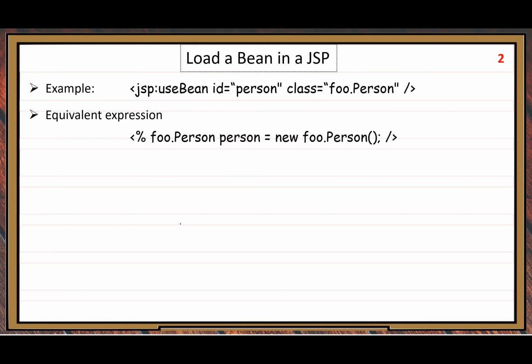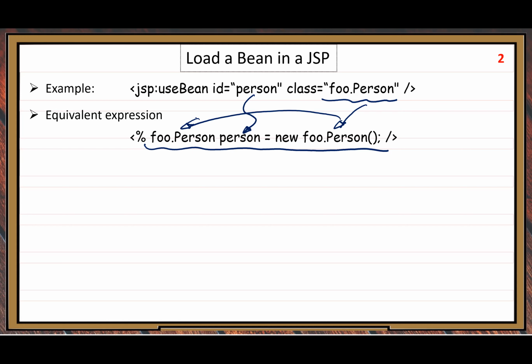Here I write the equivalent expression. That is a standard Java instantiation statement, right? The class name, full.Person, then the reference person. You can see the ID, that reference, is placed here, then the class declaration.